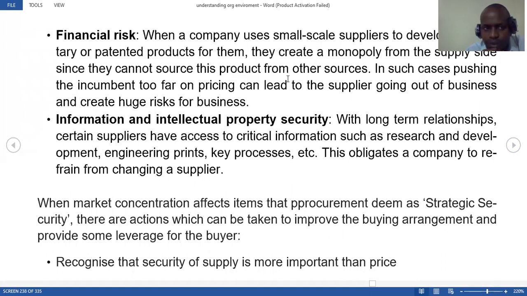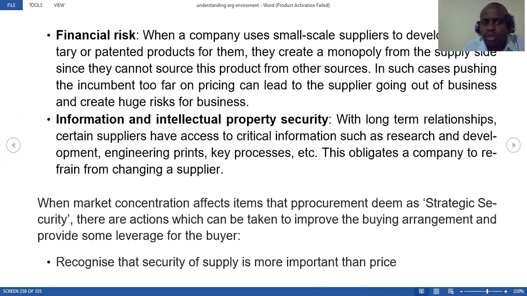And the issue of financial risk is also very common. When a company uses small-scale suppliers to develop their product or patent products for them, they create a monopoly on the supply side. And this might lead to financial risks for that organization.